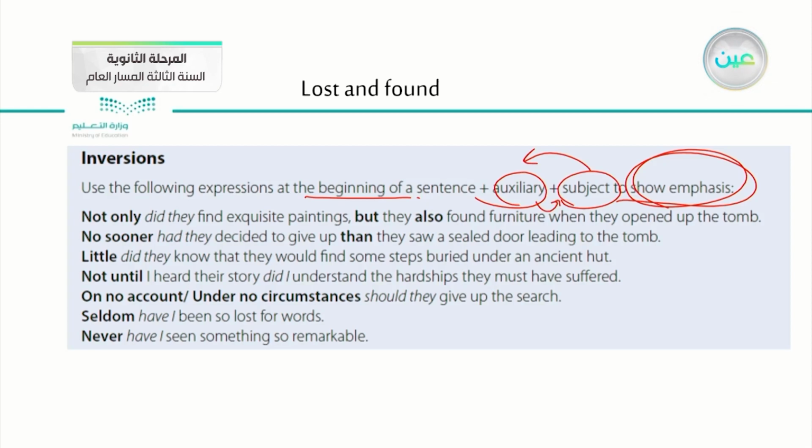For example, not only did they find. Usually we say they found, or they did find, or they didn't find. They have done this, they haven't done that. But in inversions, the auxiliary verbs like do, does, did, have, has, had usually come after the subject like he, she, it.